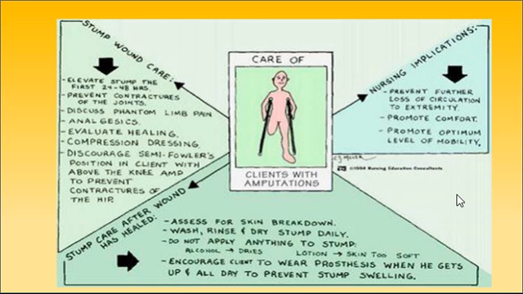Nursing interventions: prevent further loss of circulation, promote comfort. You want to make sure that they don't get a contracture in the hip where it becomes flexed forward. If the patient is able to, you want to try to put them in a prone position for an hour or so if there are no other risks.